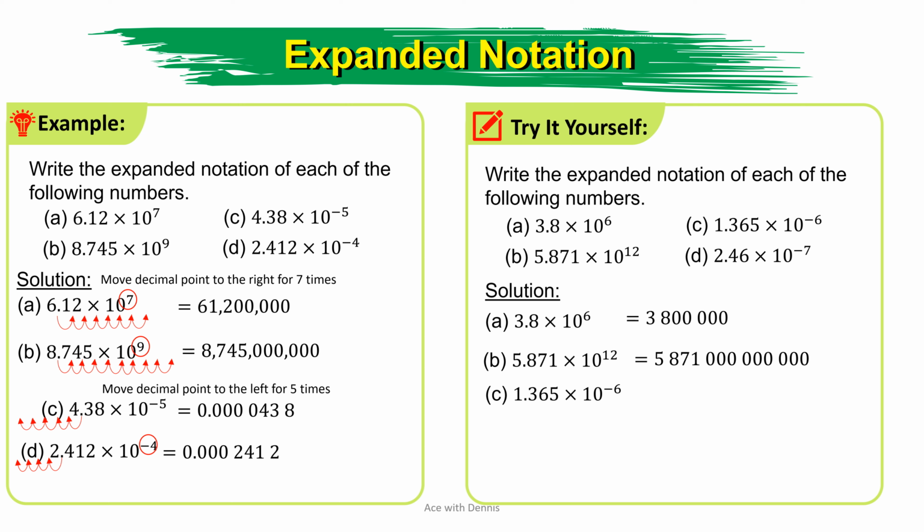C. 1.365 times 10 to the power negative 6. The answer is 0.000001365. D. 2.46 times 10 to the power negative 7. The answer is 0.000000246. Do you get the answer correct?